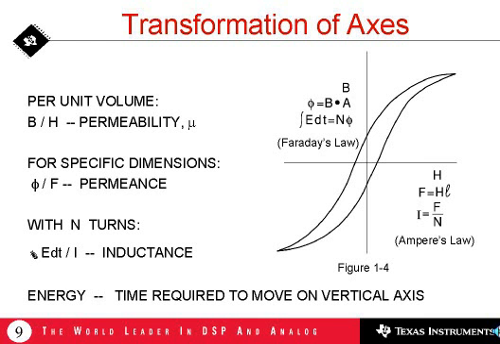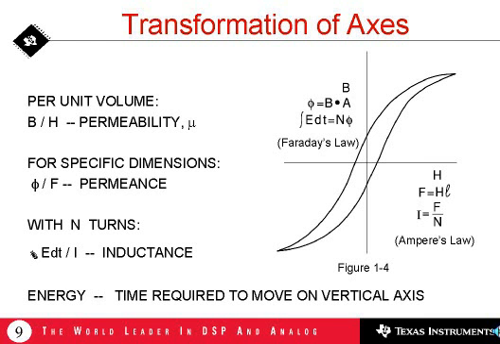Finally, if we decide to wind a winding of N turns on this core, the subsequent transformation takes place. If we multiply the flux axis by the number of turns, the vertical axis becomes transformed to integral volt-seconds. This is in accordance to Faraday's law, which relates the magnetic properties, the flux specifically, to volt-seconds applied to the winding.